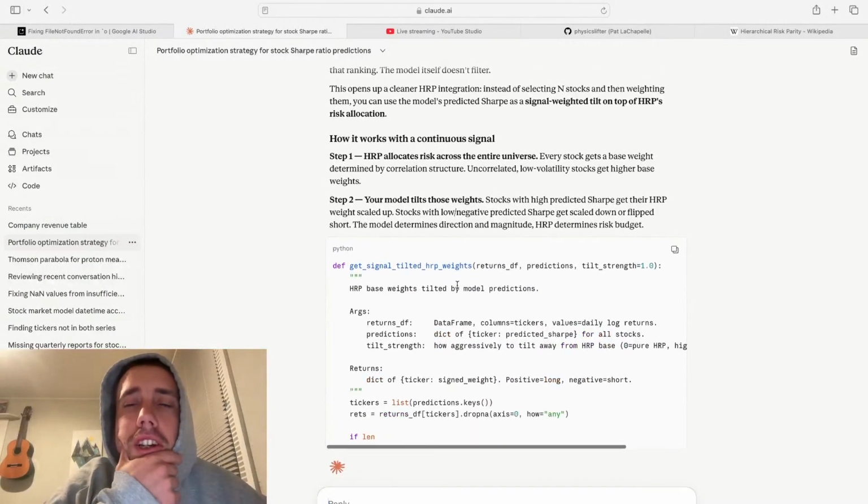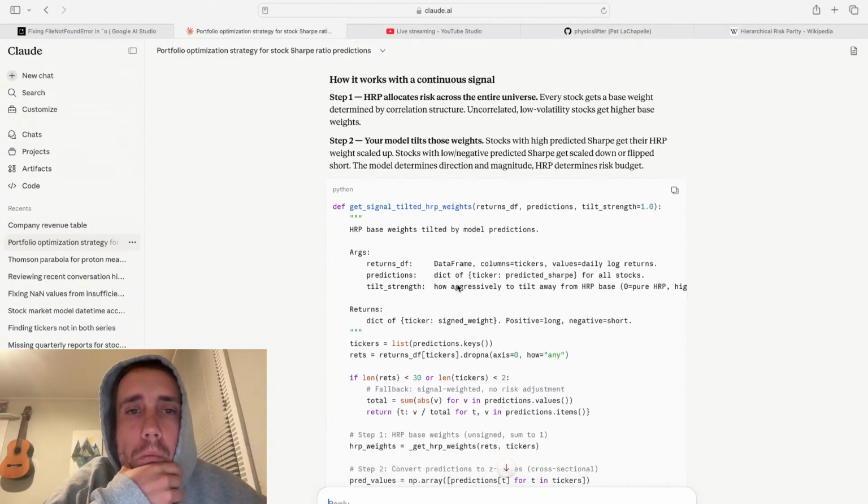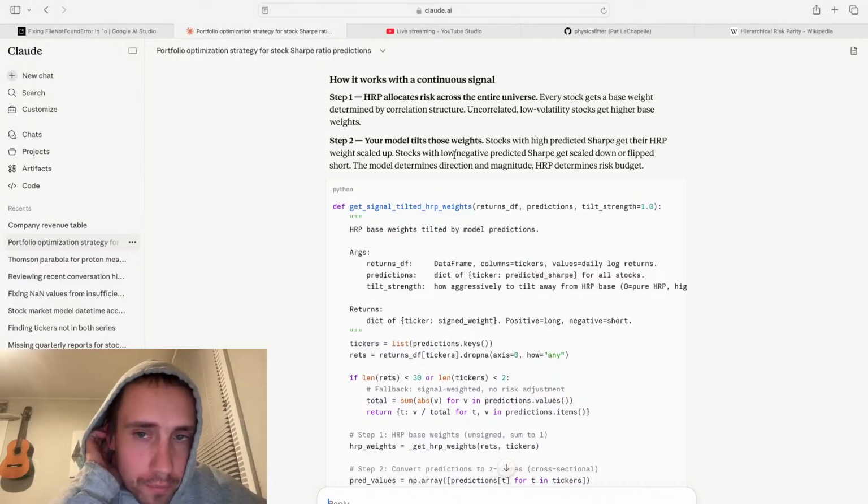Instead of selecting n stocks and then weighting them, you can use the model Sharpe as a signal weighted tilt. Uncorrelated low volatility stocks get higher base weights.